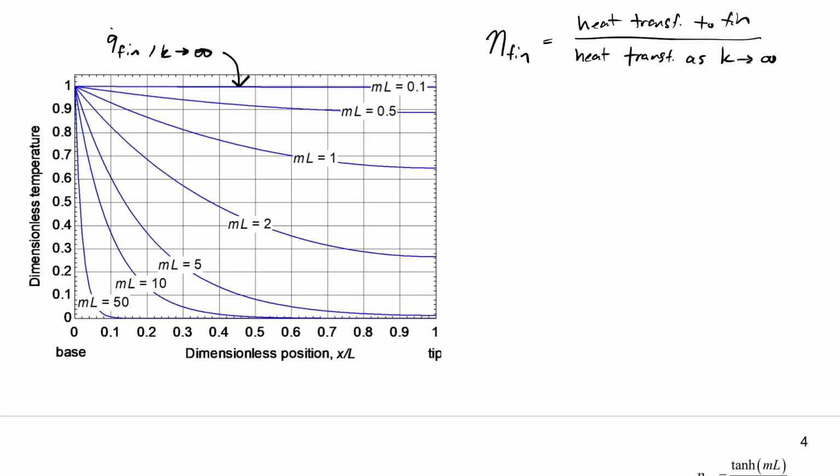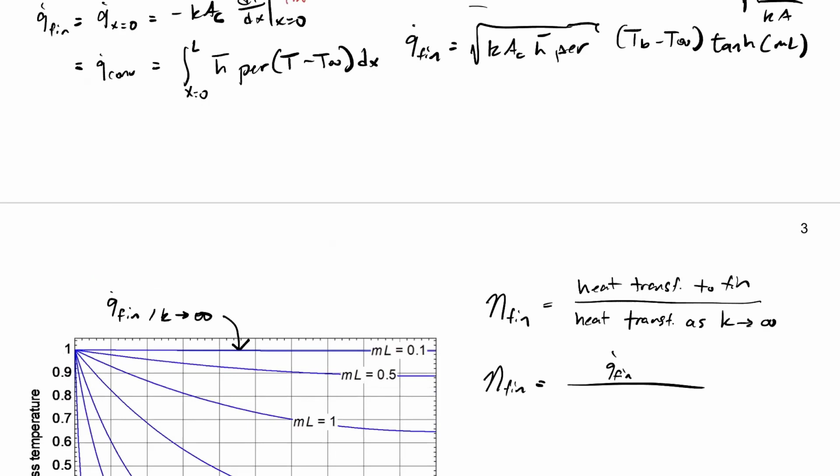Let's write this out. Eta fin is going to be Q dot fin, the thing that we just computed before, our solution from above, divided by what? We need the heat transfer as k goes to infinity. This fin has convection, so it's h bar times the perimeter of the fin, times L, that's the surface area available, times the maximum possible temperature.